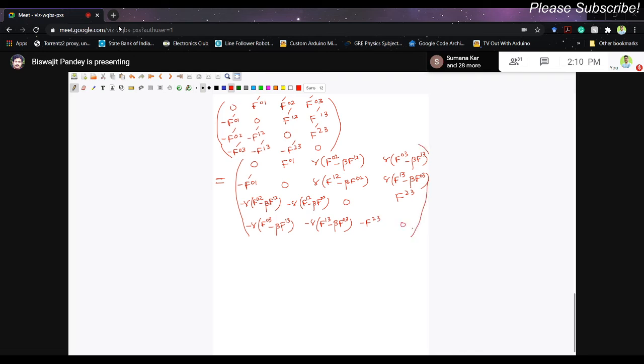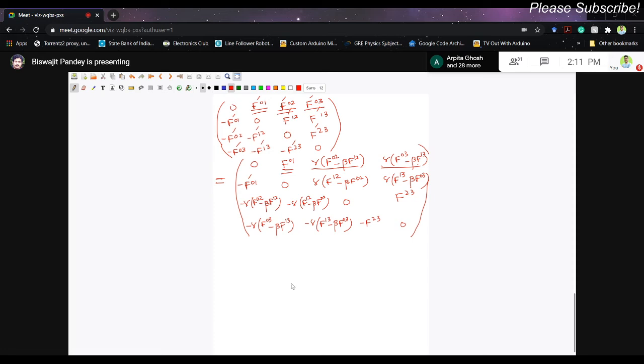Now you see, f01 prime is f01, right? I'm just comparing term by term. f02 prime is gamma times f02 minus beta f12. f03 prime is gamma times f03 minus beta f13, and so on. So you can compare all the terms one by one, and then you can check what you see.